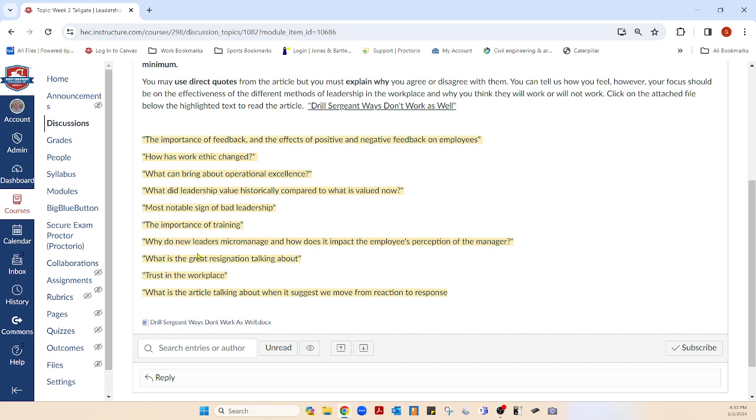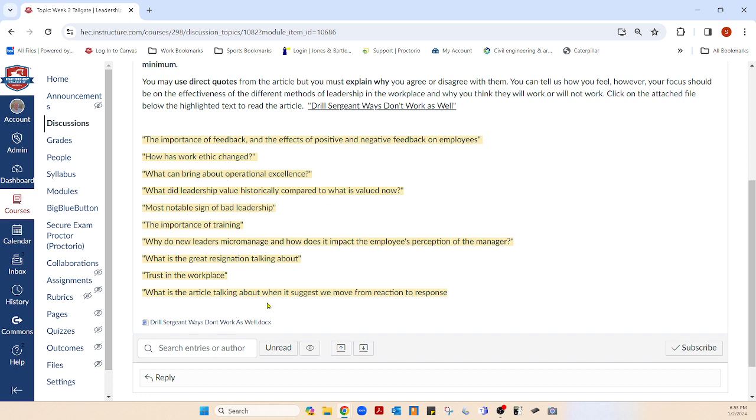I like this. What is the great resignation talking about? First of all, look up the word resignation, and it'll make your whole reading more informative. Trust in the workplace, not trust the workplace, but how valuable is it for you to trust your employee? Is he going to do what he said?